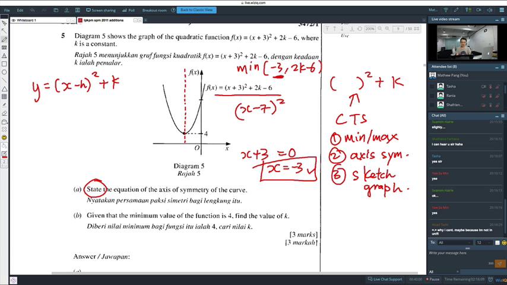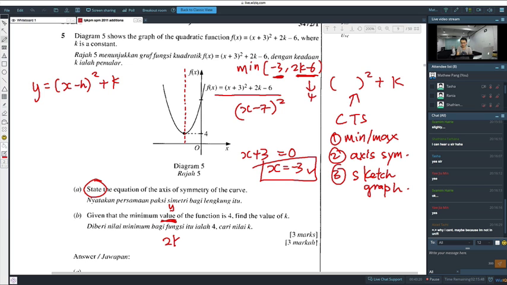And then the question tells you the minimum value. Whenever you see value here, it doesn't mean x, it means y. So you have to check back your y value. The question says the minimum value of the function is 4. That means 2k minus 6 is equal to 4.